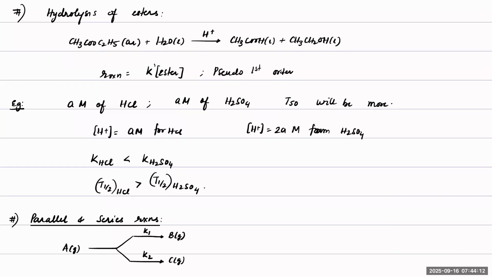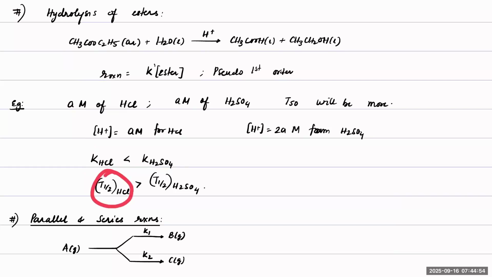As the concentration of H plus increases, the rate constant will start increasing. One thing that gets influenced by the change in concentration is the rate constant itself. So the higher the concentration, the greater the rate constant. That's why K of H2SO4 is greater than K of HCl.